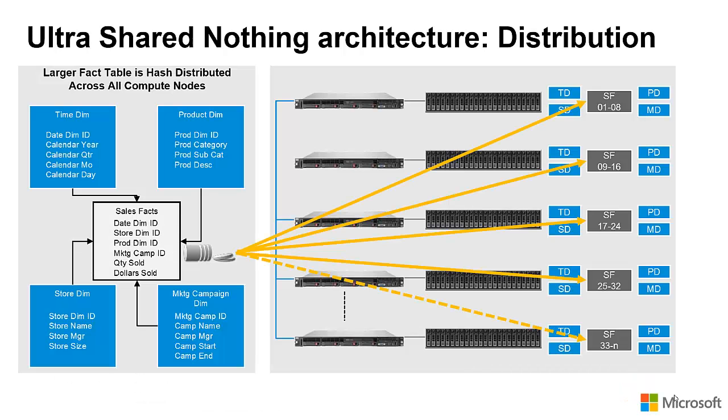Another important technology in PDW is the way we distribute the data between different compute nodes and huge amount of disks. And the distribution technology is very interesting, and it's very important as well. If you choose to use distributed tables, the table will be automatically hash partitioned across the appliance.